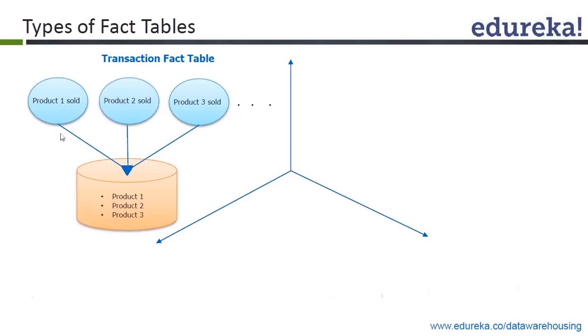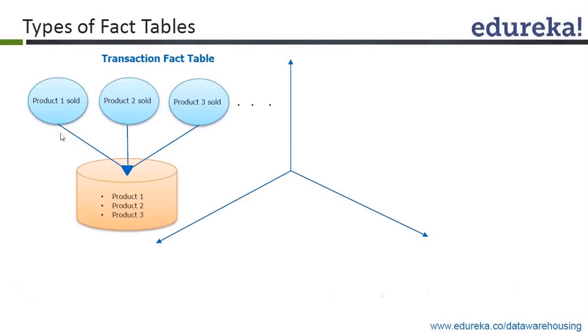So every transaction which is happening, product 1 being sold as a transaction, product 2 being sold as a transaction, 3, 4, and so on. This particular fact table will contain all the data about every transaction which is happening. So that is called the transactional fact table.